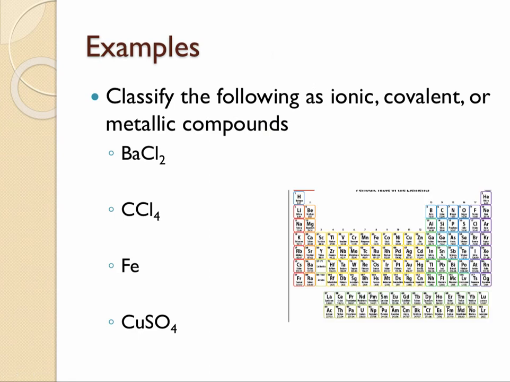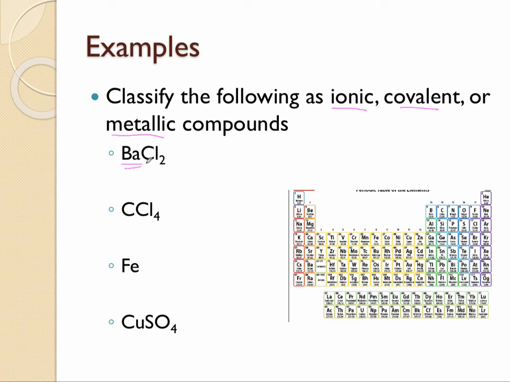So using those terms, let's use the placements of the elements and whether they are metal, nonmetal, or metalloid to classify these four compounds as either being ionic, covalent, or metallic.